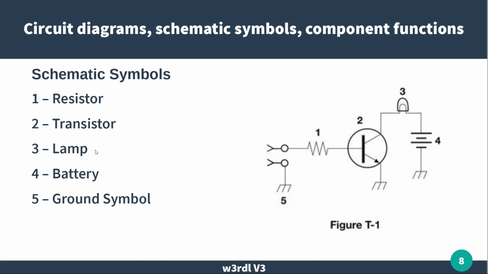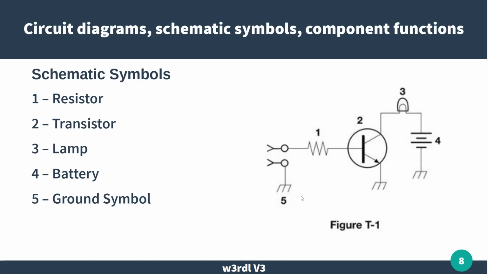They're probably hard to find nowadays. 4 is a battery, and we represent a battery with 2 lines. This is a multi-cell battery. A single cell would be the wide line for the positive terminal and the shorter one for the negative terminal.